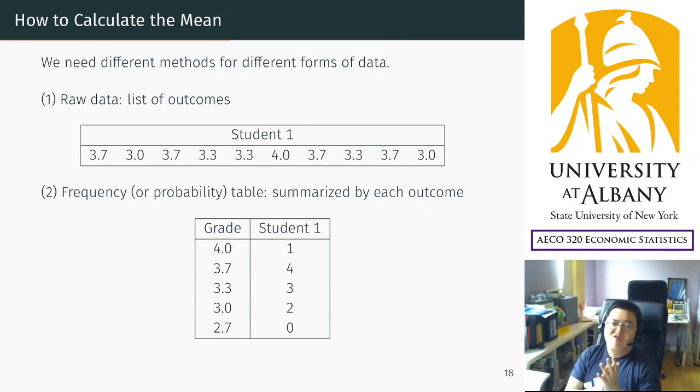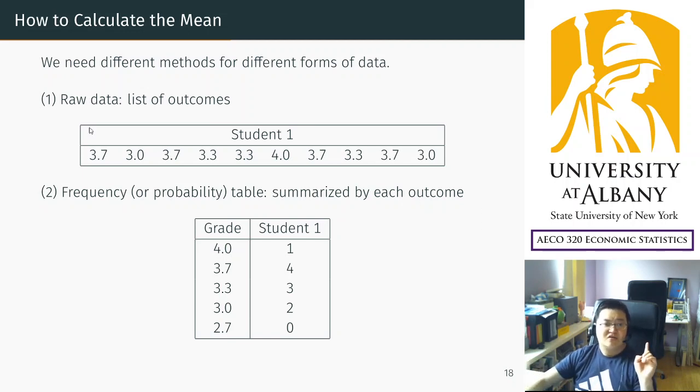The reason why many students are confused at this point is because they don't have the distinction between different presentations of data. In the previous chapters and in this slide, you saw two different ways to represent the data.